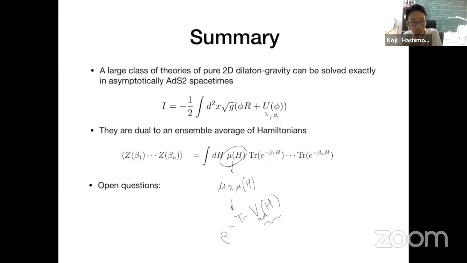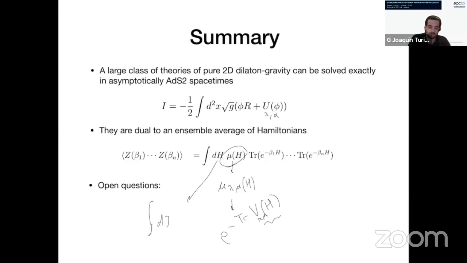So this integral over H is like an integral over J. You can write the SYK partition function in this way, but what you would call mu of H would be super complicated. Yes, but the disorder in SYK is the same as what we mean by disorder here.